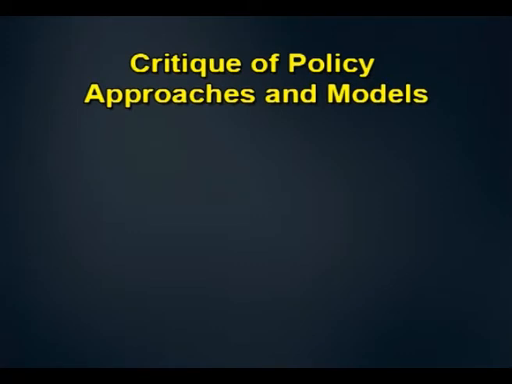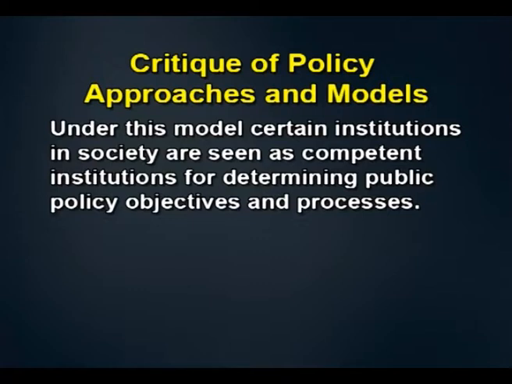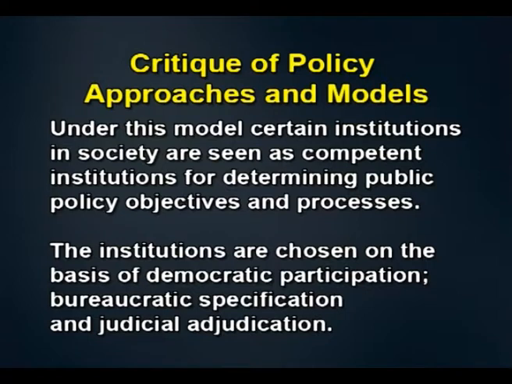Next, critic of policy approaches and models. Under this model, certain institutions in society are seen as competent institutions for determining public policy objectives and processes. The institutions are chosen on the basis of democratic participation, bureaucratic specification, and judicial adjudication.